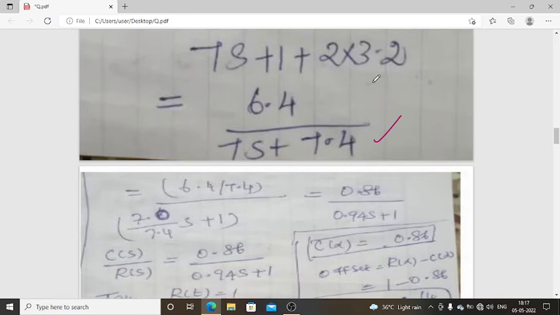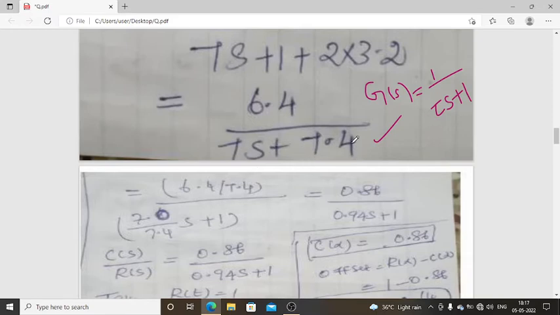What is a first order system? G of S, the transfer function for a first order system, is 1 by tau s plus 1. Here it is 7s plus 7.4. Compare these two, the denominator section and the general equation. Here 7s is plus 7.4, there tau s is plus 1.